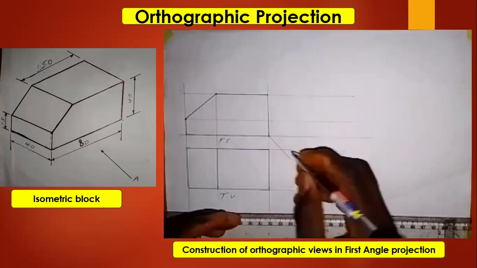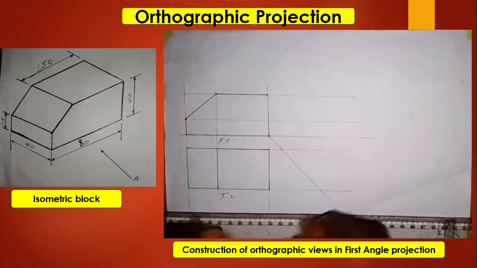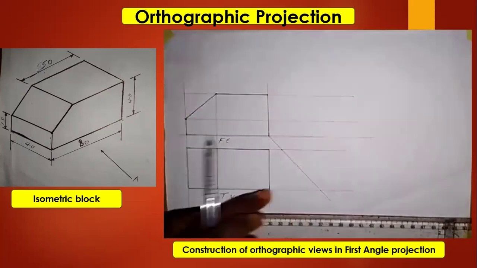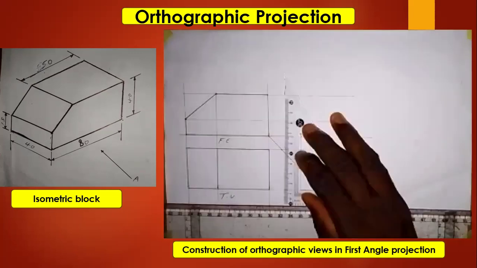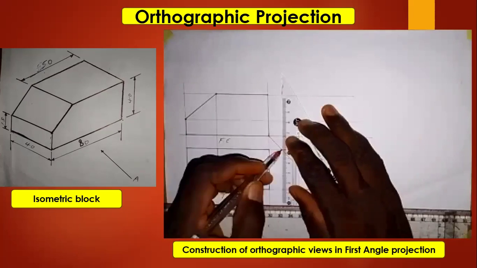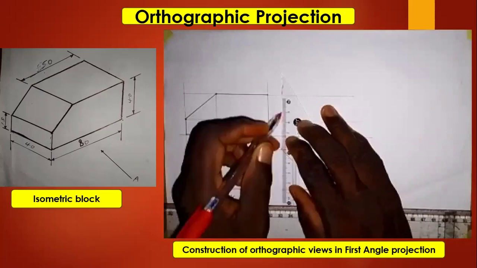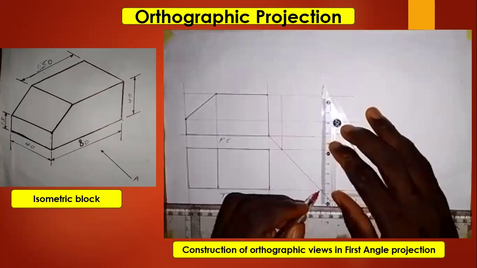That is this point here and also this point. So we are going to draw a vertical line on each of these points up here. So with our set square, we draw a vertical line up here, and then from this point, we also draw a vertical line.